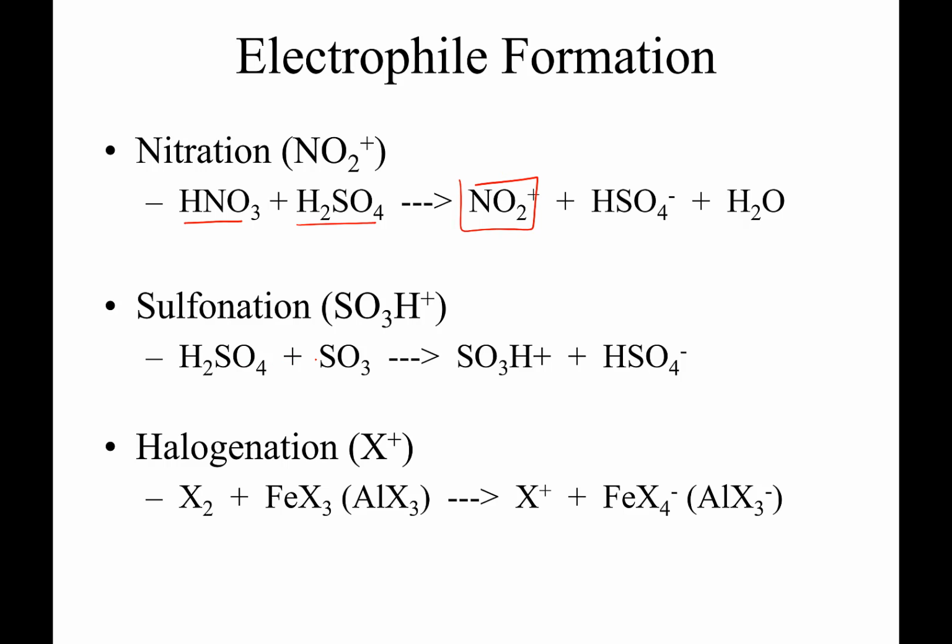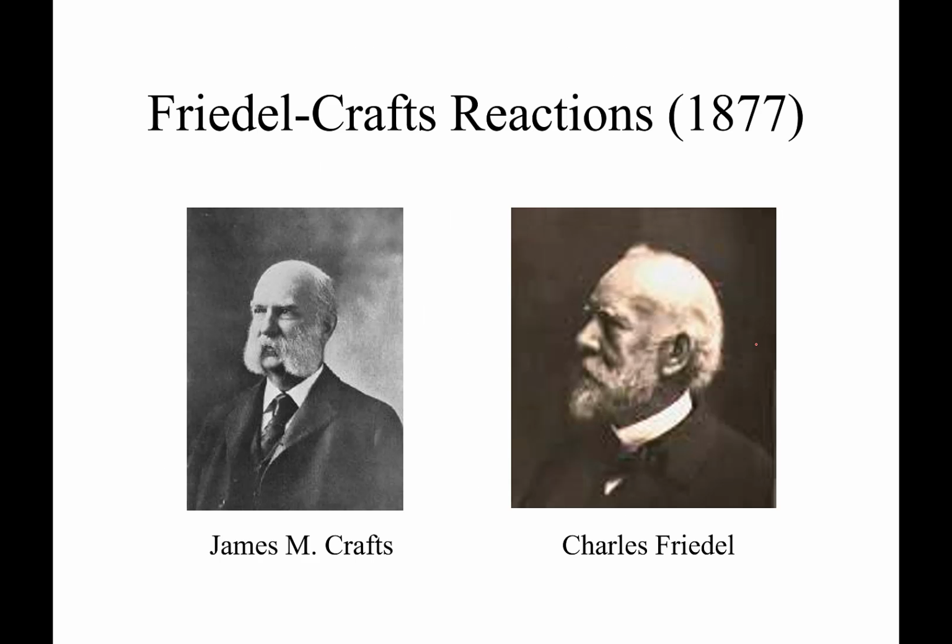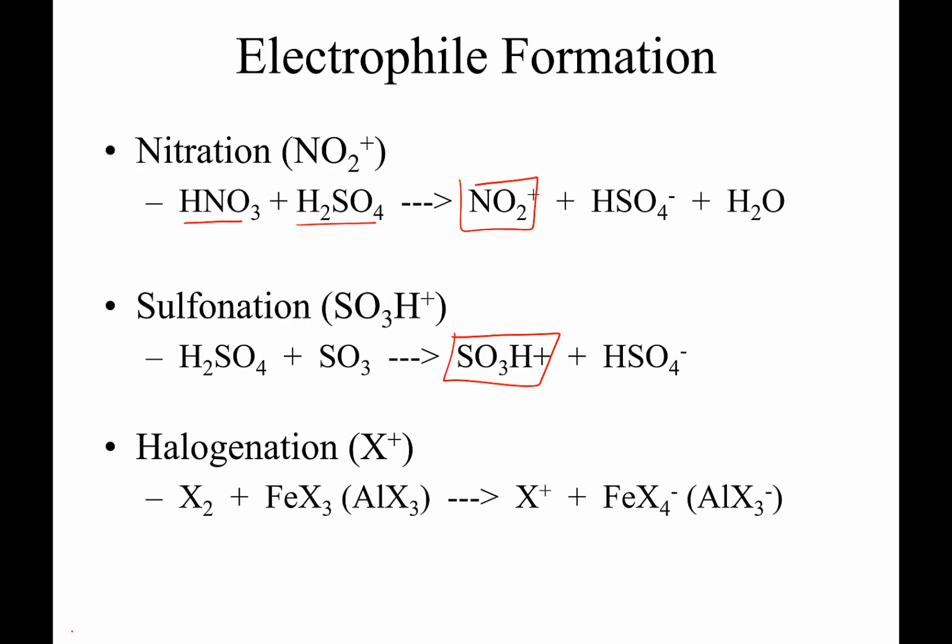If I take sulfuric acid and SO3, that's called fuming sulfuric acid, because when you take the cap off of it, there's a big puff of white smoke that comes out. That's the SO3. You just simply protonate the SO3 to form SO3H+, and that is what we call sulphonic acid.